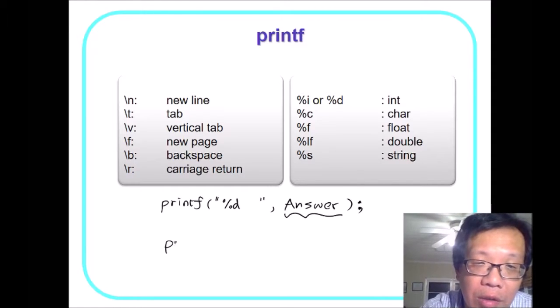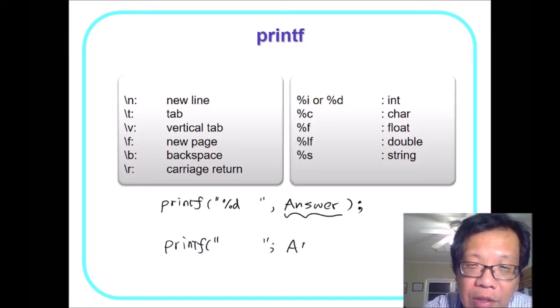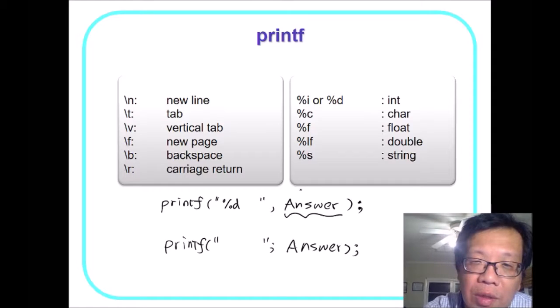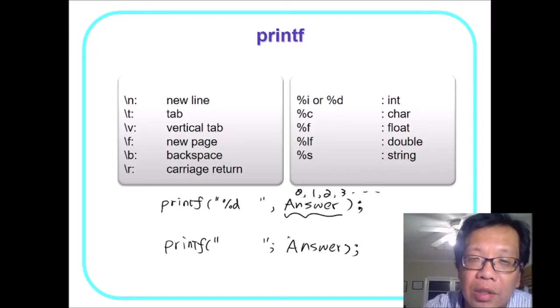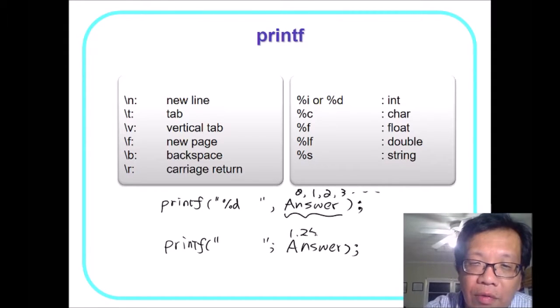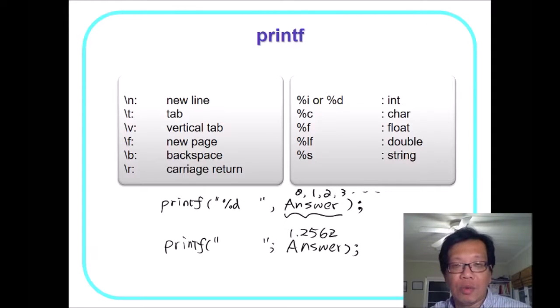So in other words, if this answer can be 0, 1, 2, 3, if your answer is 1.2562, obviously this one is a floating point, so you can no longer use d.